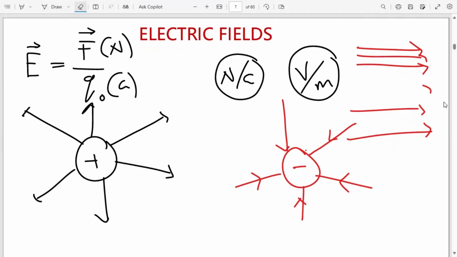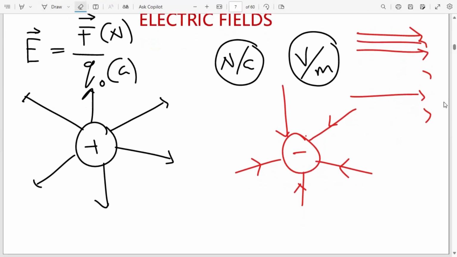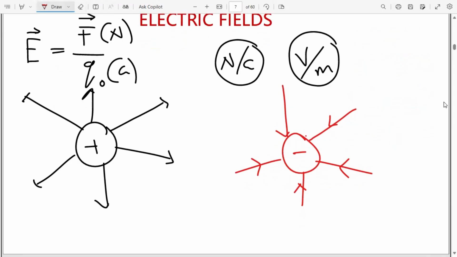That means there is a smaller electric field at that particular point. So this is the formula that we can use to calculate the electric field.